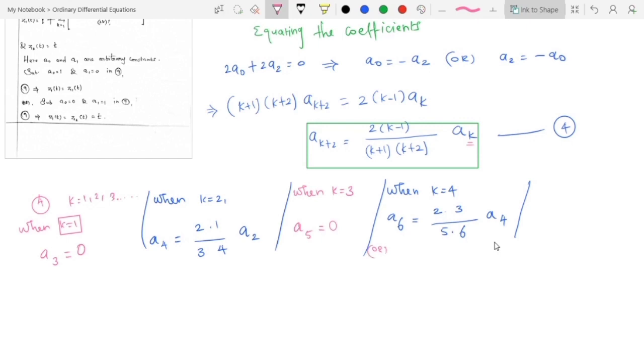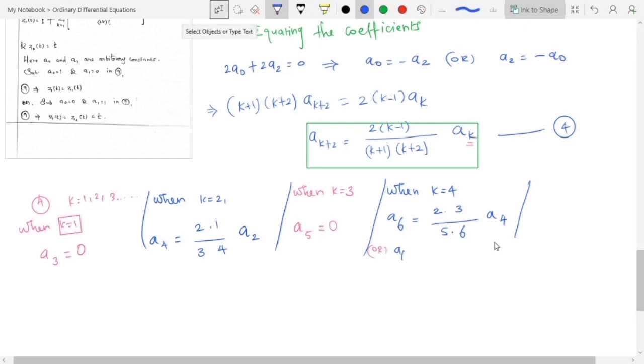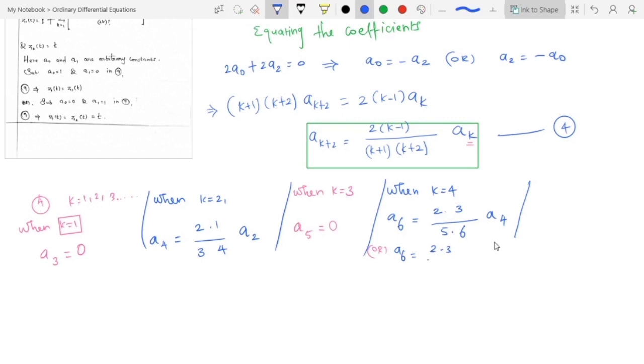Or we can write it as a6 equal to 2 into 3 by 5 into 6, with a4 replaced by the previous value, here 2 into 1 by 3 into 4, a2. When k equal to 5 in equation 4, 5 plus 2, 7, that is a suffix k, right hand side k replaced by 5, that is a5. a5 is already 0, so 0 into anything is 0.